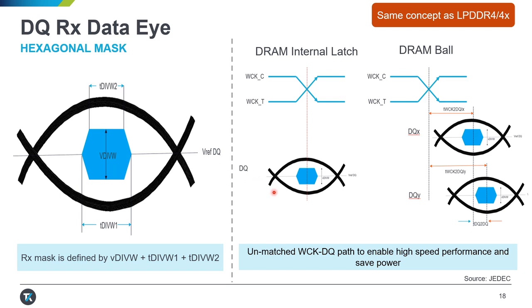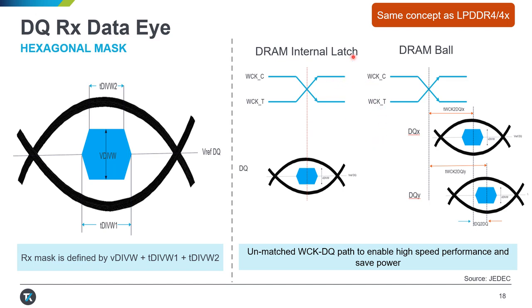Also, LP5 uses an unmatched WCK and DQ path inside the DRAM die. The WCK path is much longer compared to DQ. So that means when you're probing at the DRAM ball, the WCK and DQs will not be center aligned. However, they will be center aligned at the internal latch.